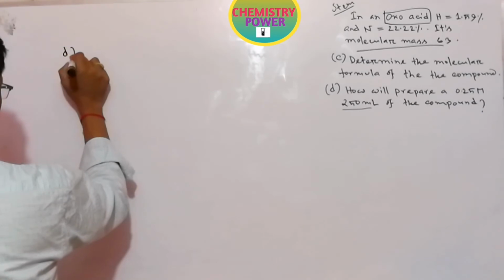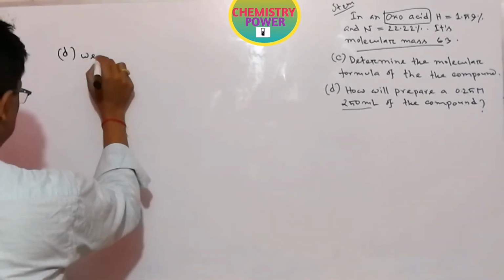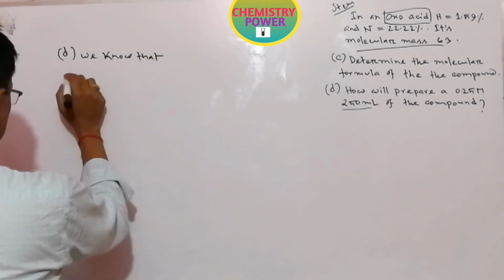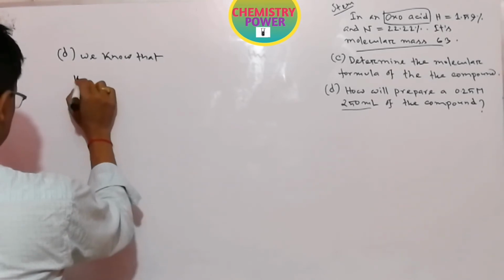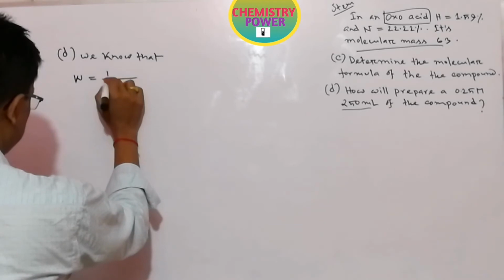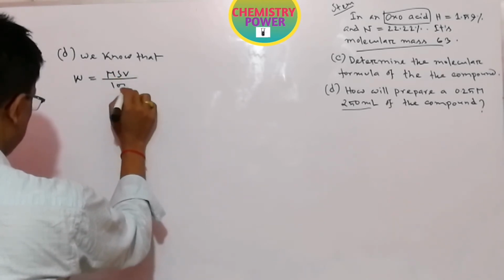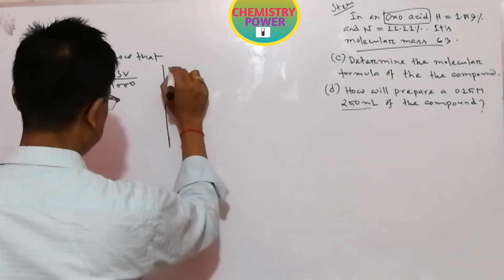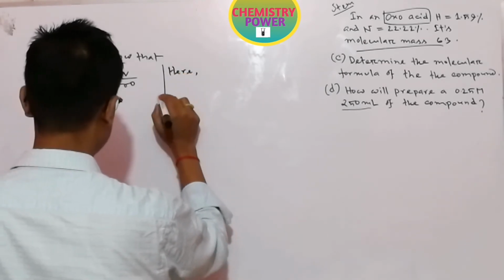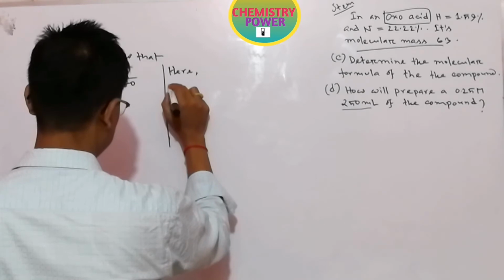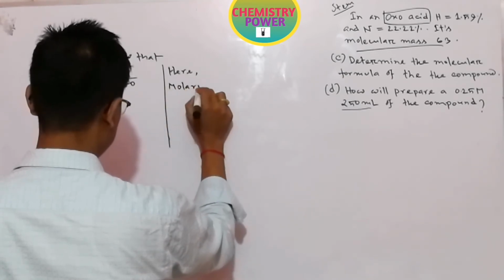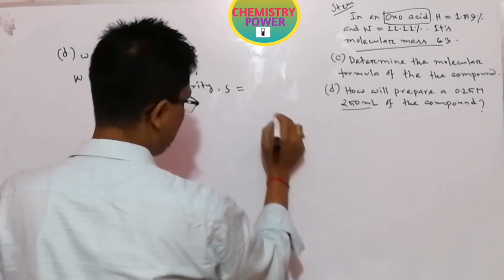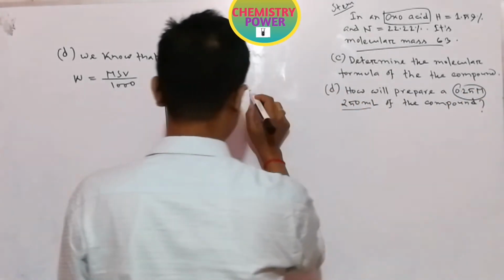So we know that W equals M S V divided by 1000. Here molarity is equal to 0.25 molar.